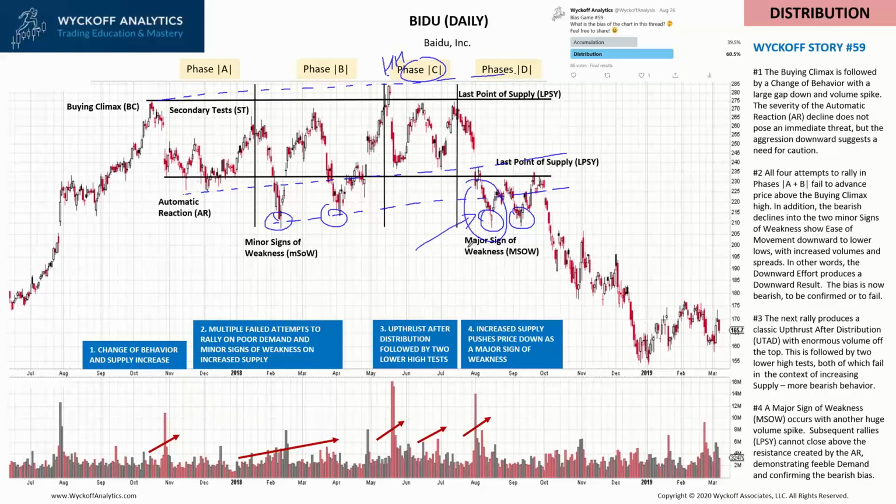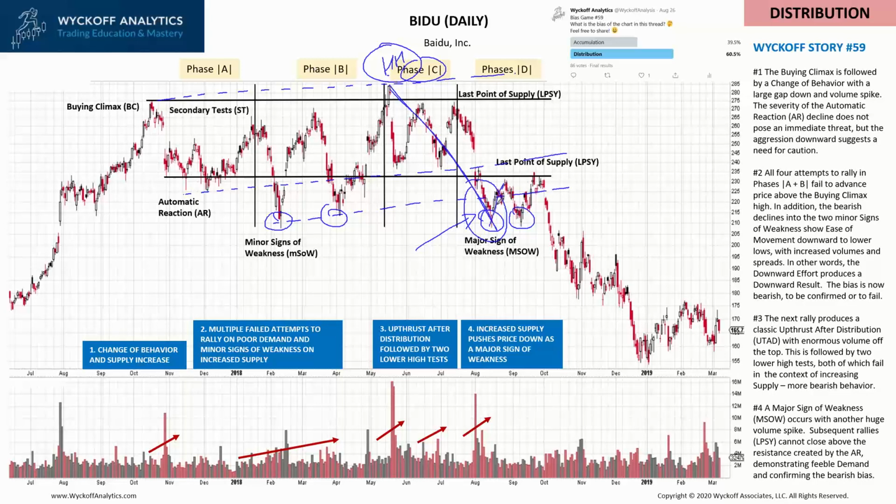So I always do this trick when something like this happens. When on the major sign of weakness we are not committing that much, and then we have a higher high in phase C. So definitely try out this technique and see if you could see that the major sign of weakness actually does commit below the support.